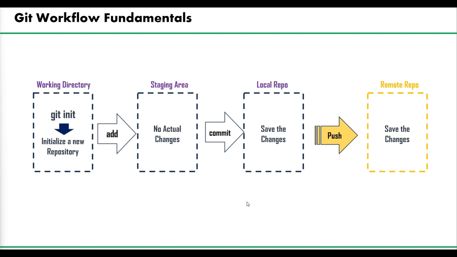Remote repositories facilitate collaboration and backup. Multiple developers can make changes to the remote repository, and changes are synchronized between the local repository and the remote repository using different commands. For example, one of them is push. We will explain the others in future tutorials. For now, just remember push.